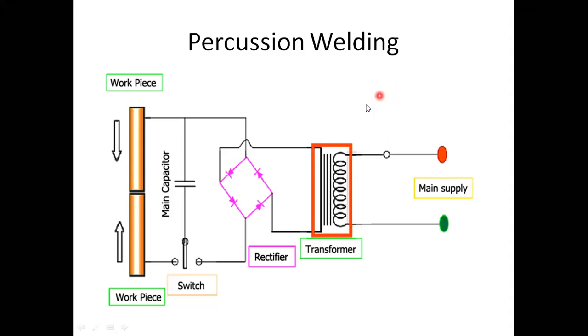This is the transformer, and the transformer generally delivers AC current, which has some frequency. Just remember that, because we know AC current has frequency. So when this secondary power is rectified, we get DC, but this DC also has some frequency.